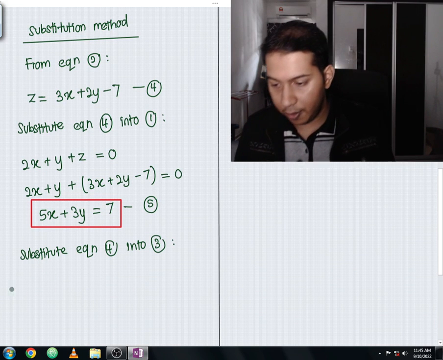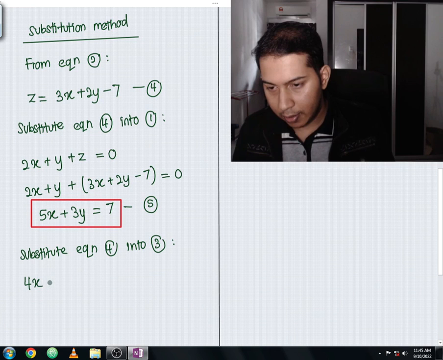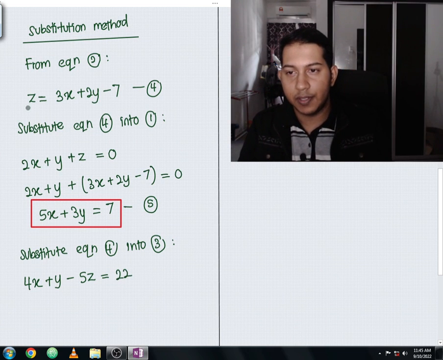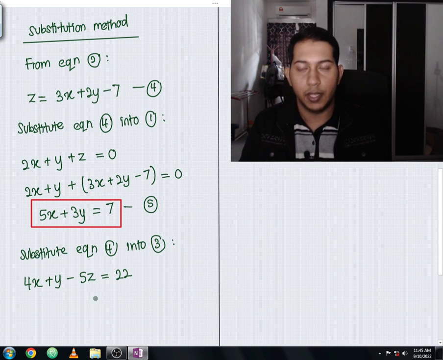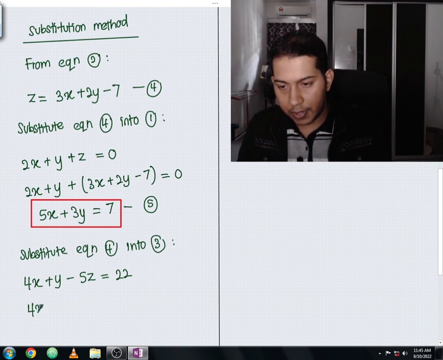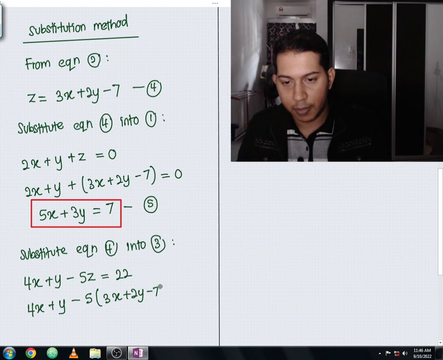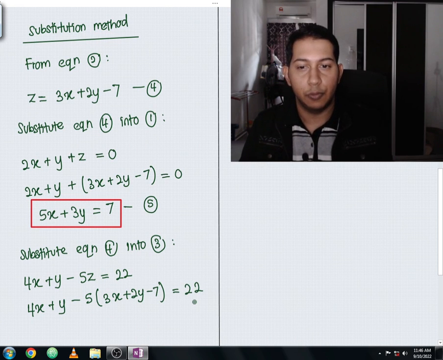Your equation 4 is 4x plus y minus 5z equals 22. Since z is equal to 3x plus 2y minus 7, you substitute it over here. So from here, 4x plus y minus 5 in a bracket 3x plus 2y minus 7 equals 22.